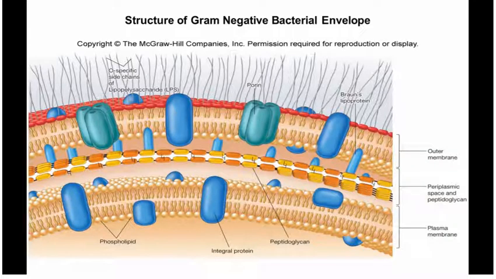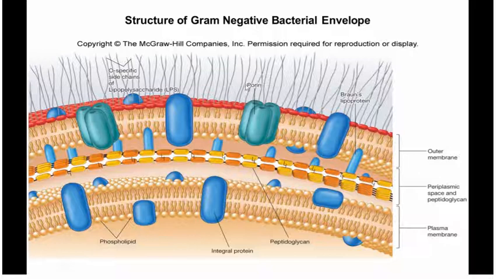Now in gram-negatives, the cell wall is a little bit more complicated because you have an inner membrane and an outer membrane. Because the outer membrane is made of a double-layered lipid structure, it is basically going to be impermeable to a lot of water-soluble molecules like sugars, amino acids.